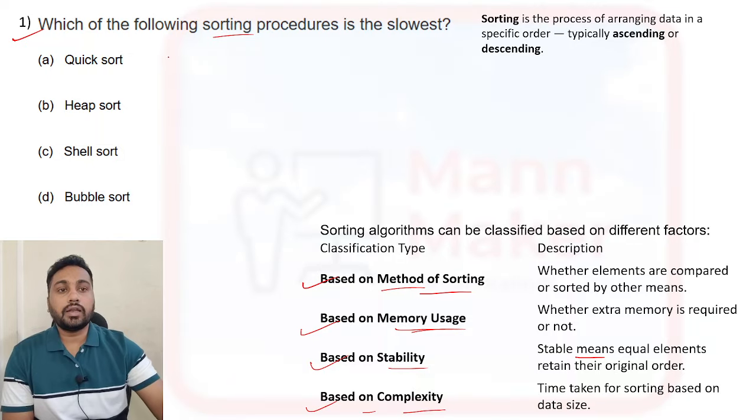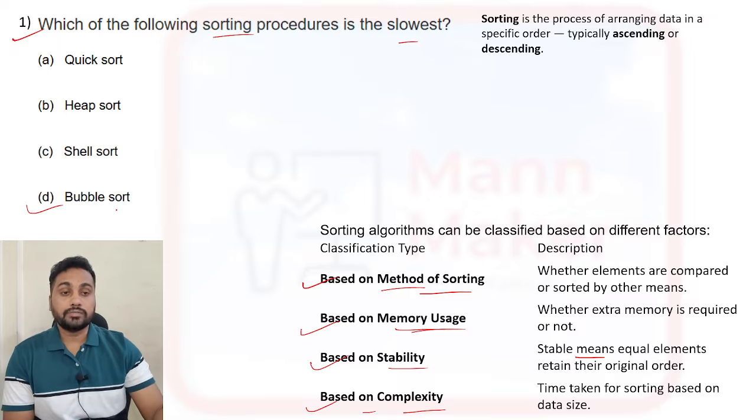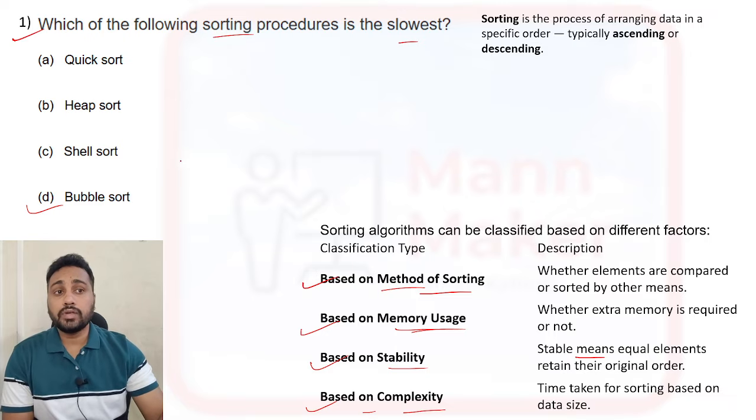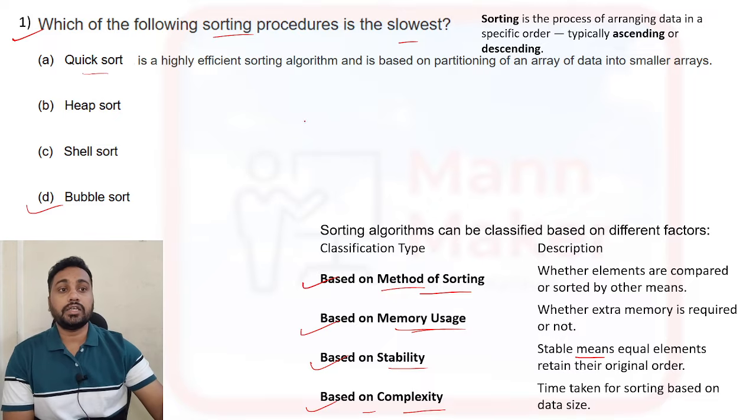Now here they have asked about the slowest, and the slowest one is bubble sort. Quick sort is a highly efficient sorting algorithm based on partitioning an array of data into smaller arrays.